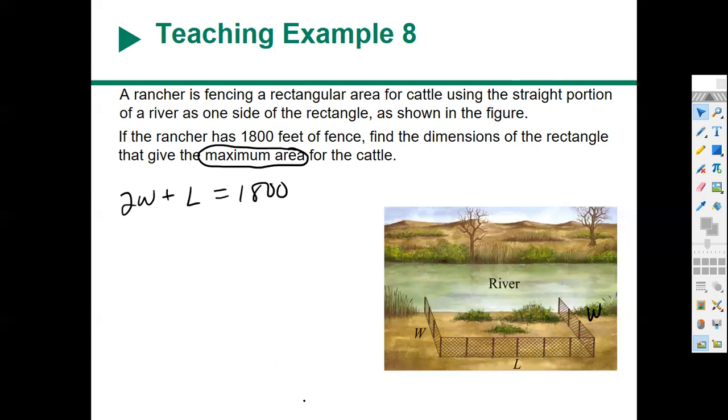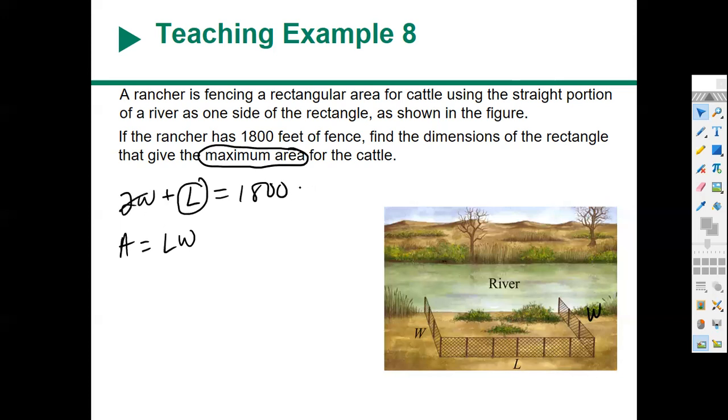Does that make sense? Okay. And I know that the area equals length times width. So to create a formula for the area, I have to substitute in either for length or for width. Based on what we know, which one would be the easier to get by itself? The length. What would I need to do to get length by itself?